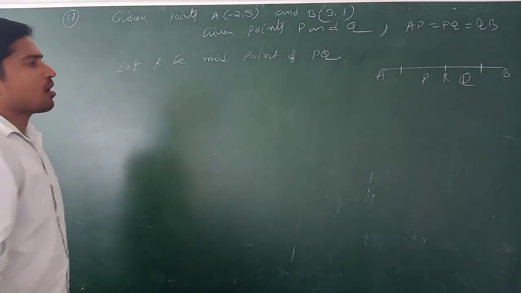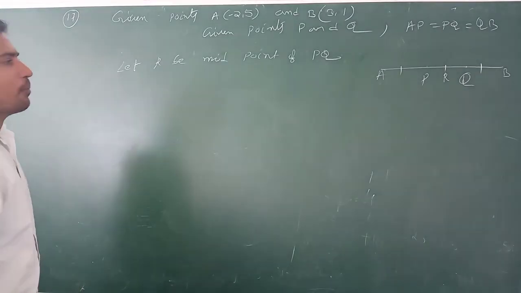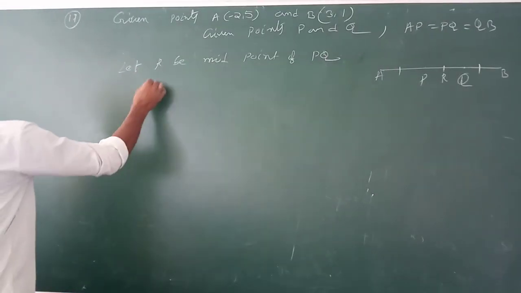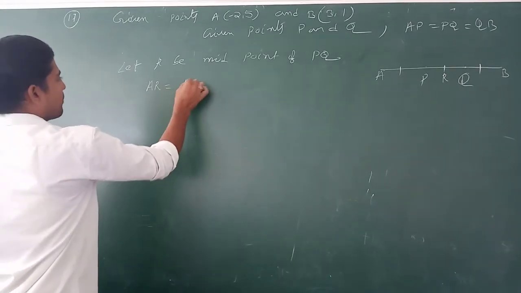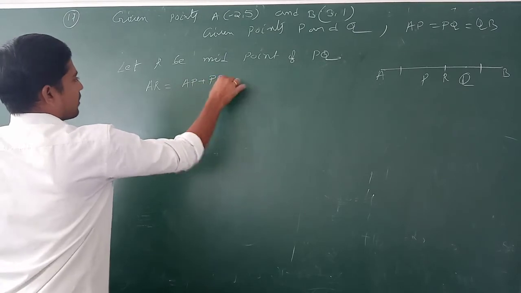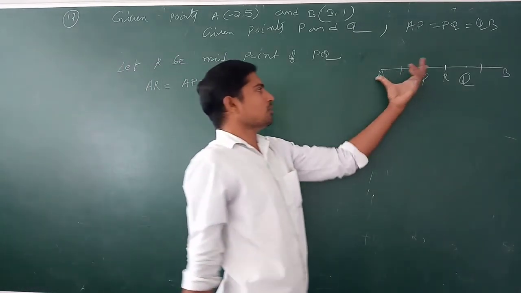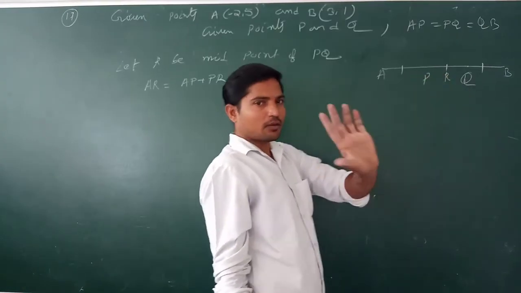So AR is equal to AP plus PR. AR is equal to AP plus PR. Clear?